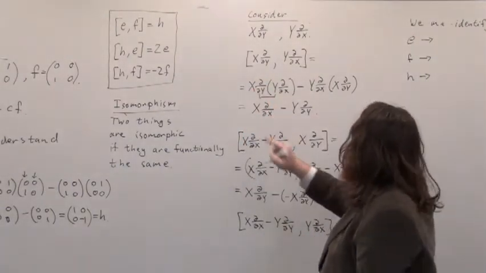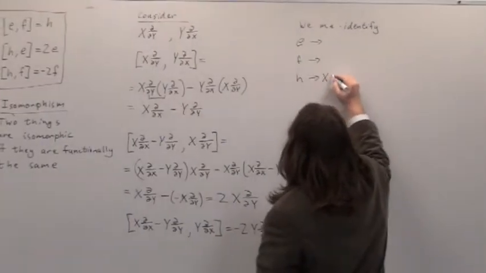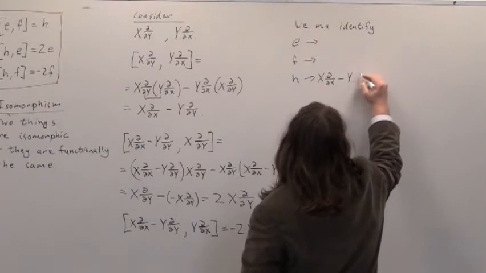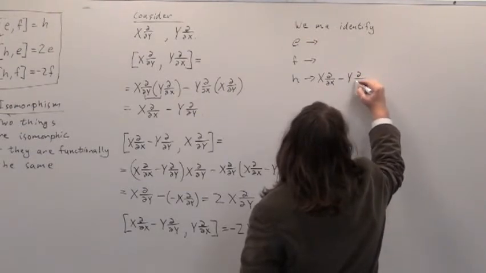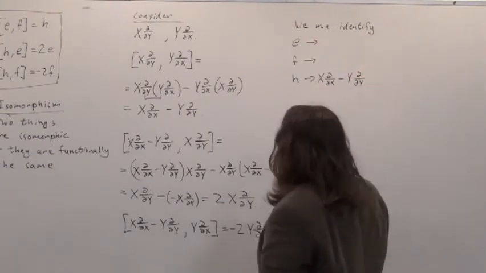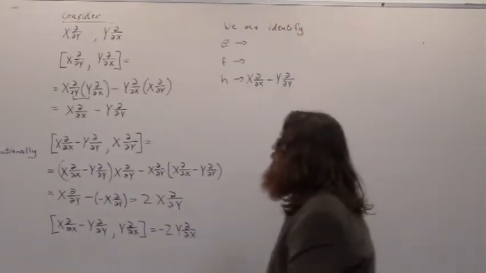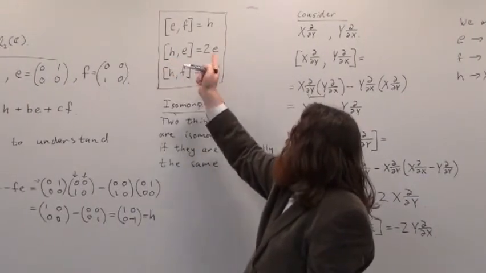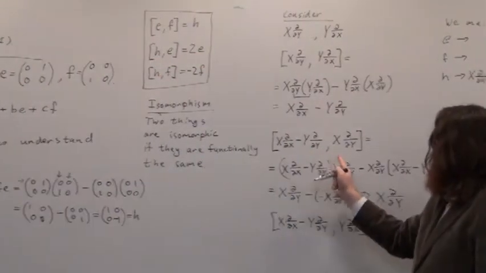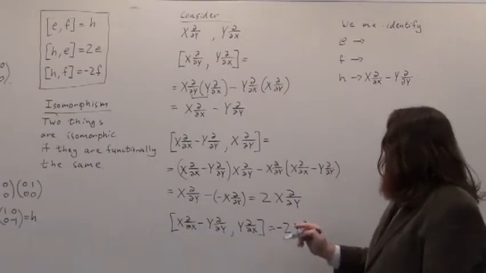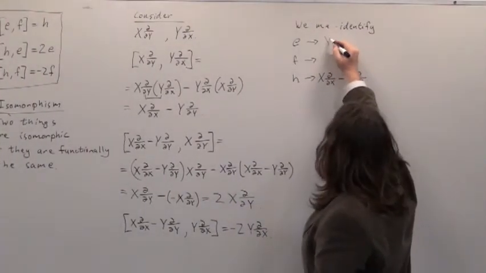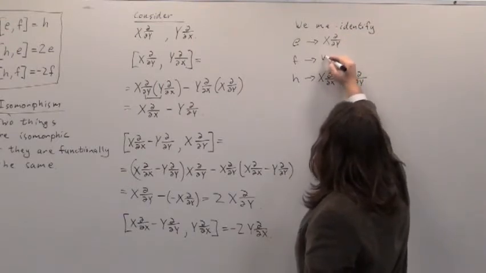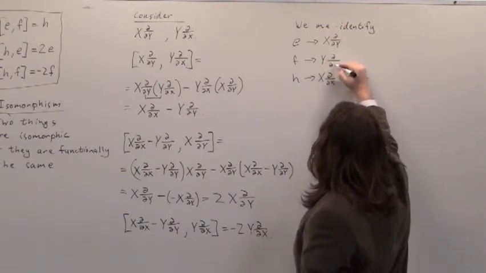And so we can set this to be H. Let's pick H to be x times the derivative with respect to x minus y times the derivative with respect to y. Now I have to look. Remember, H bracketed with E: H came first, and I got 2E. So I look where H goes first, and I get 2 times the result. That means E has to be x times the derivative with respect to y, and F has to be y times the derivative with respect to x.